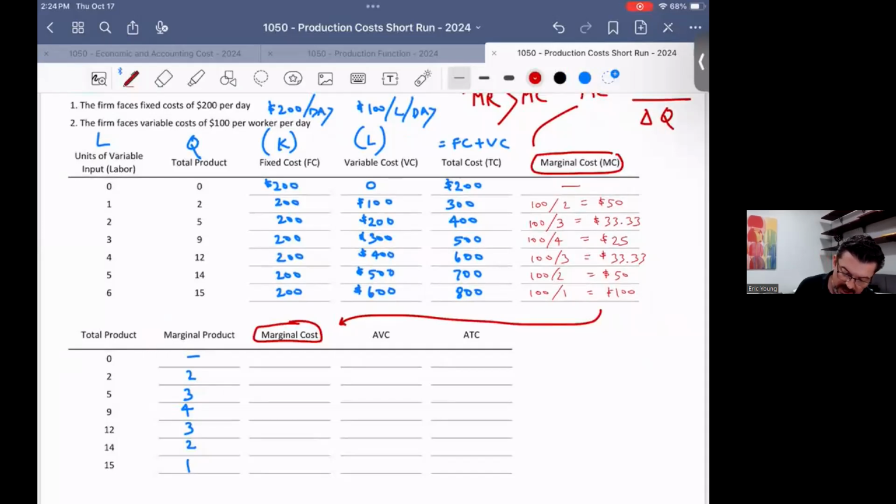So we're going to say nothing, 50, 33, 33, 25, 33, 33, 50, and 100.